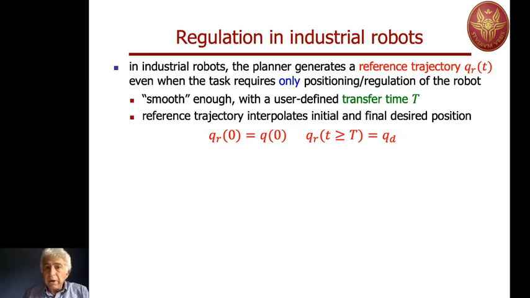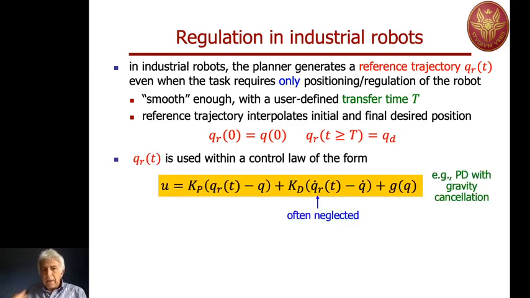The role and form of this is practically irrelevant. Of course, I will use something that will let the robot not wander around its workspace. So I'm using polynomial type trajectory, and I'm imposing also boundary condition for velocity and maybe also for acceleration set to 0 and so on. So once you have designed this reference trajectory, you apply any of the controller that we have seen so far.